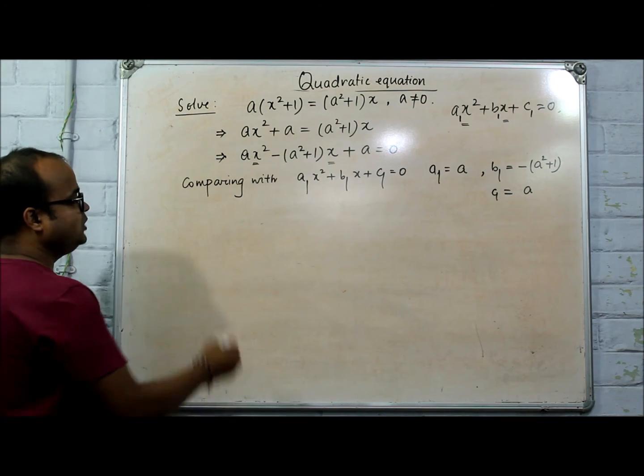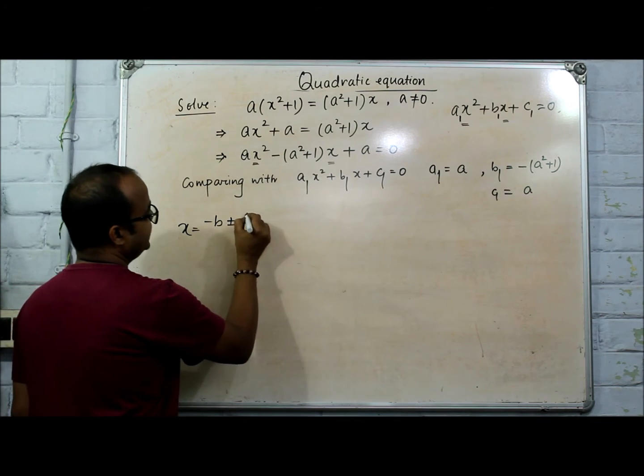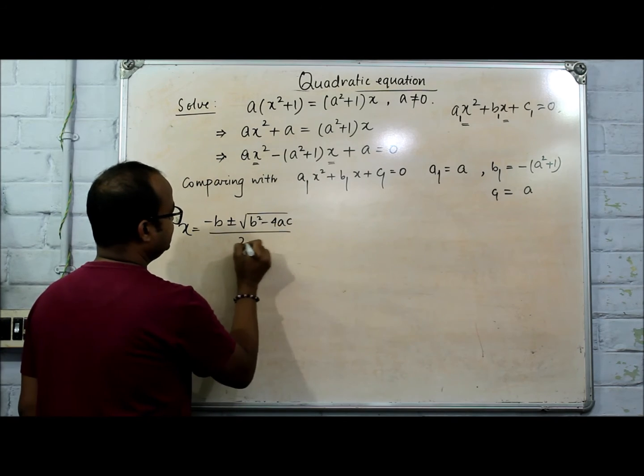Now we apply the formula. So x is equal to minus b plus minus square root of b square minus 4ac by 2a.